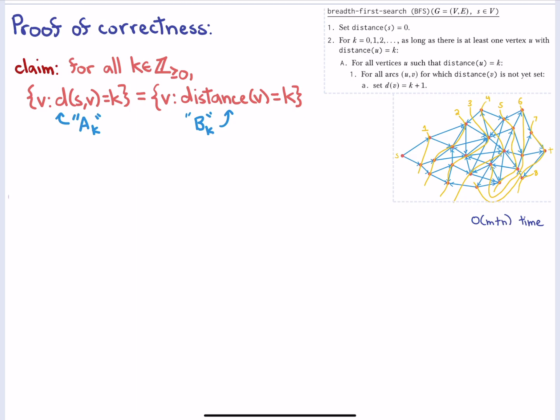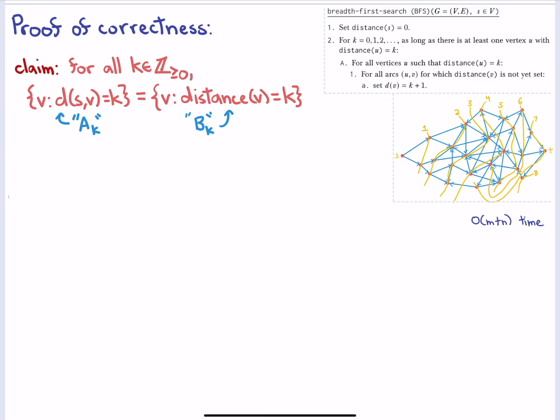I want to argue they're exactly the same, for all values of k. This is just setting up the proof. This is the claim we can prove, and the nice thing is there's a natural k in there that we can do induction on.